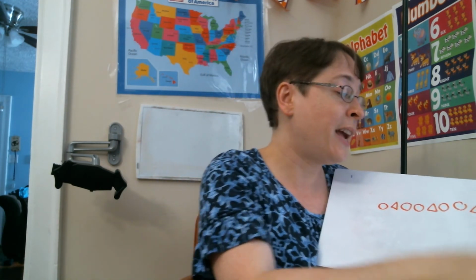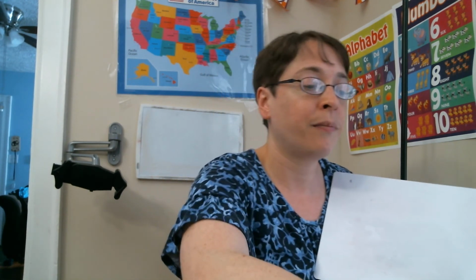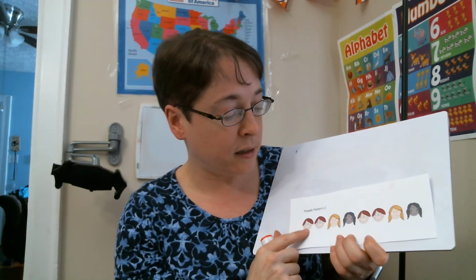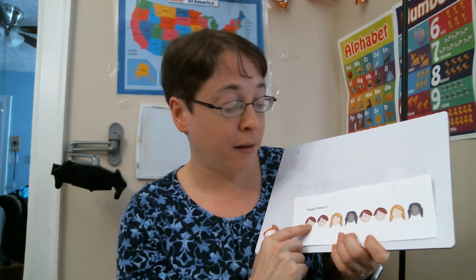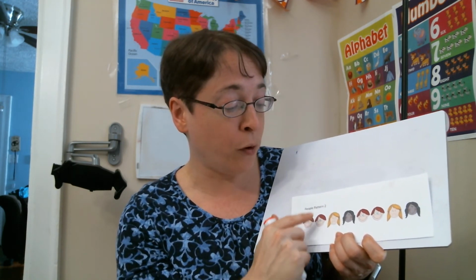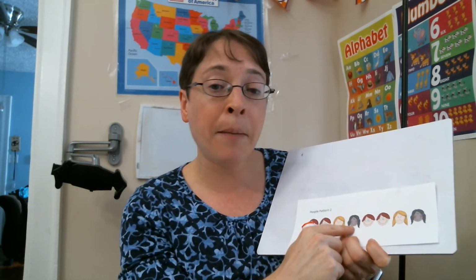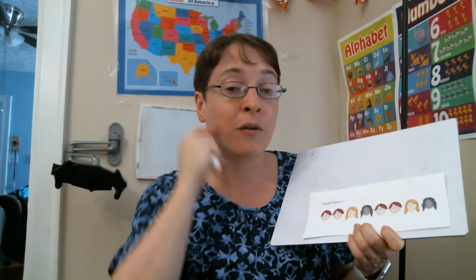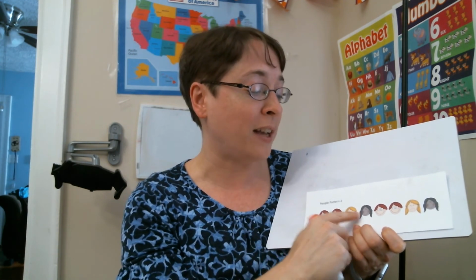All right, so now let's look at one more, okay? So here, do you see this pattern? So this has a happy boy, sad girl, happy girl. Okay, so it has three faces.